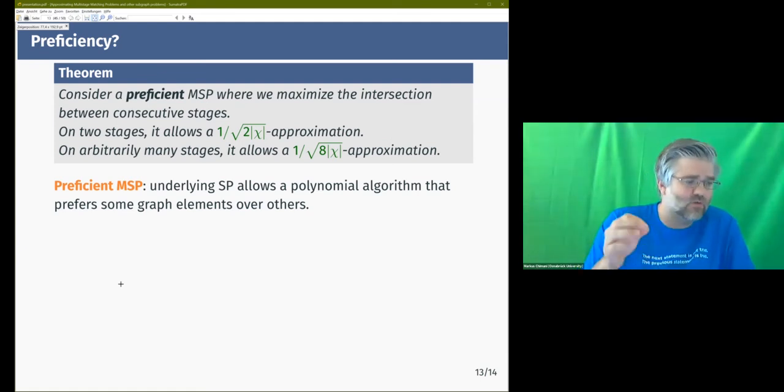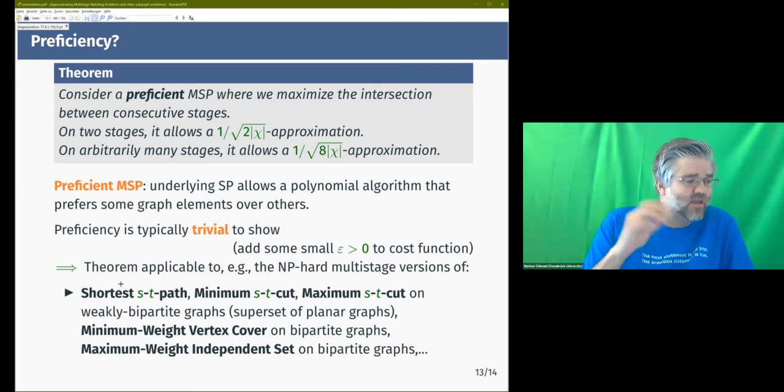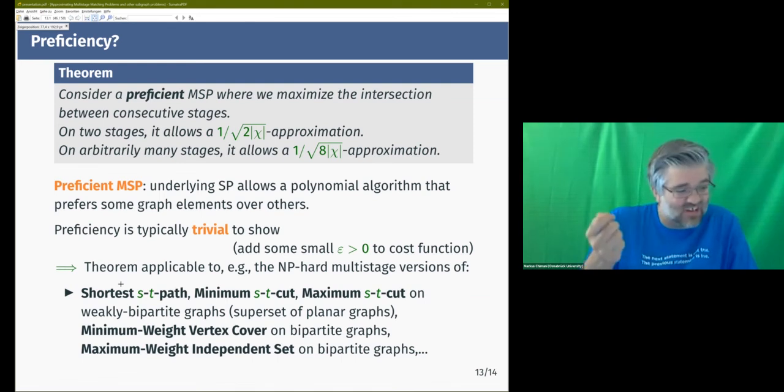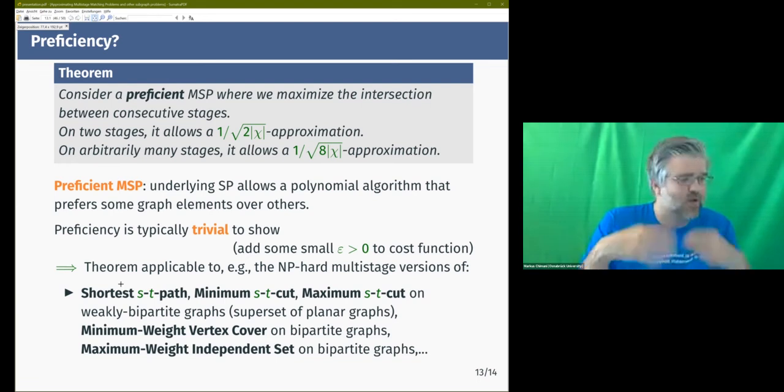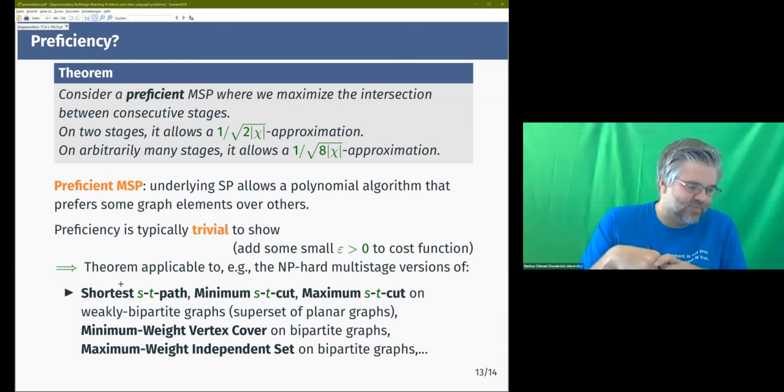And it turns out that proficiency is rather trivial to show for nearly all such subgraph problems. Essentially, all you have to do is add an epsilon to weights or some similar construction. So this is really a very simple step that allows you to use our approximation framework to deduce approximation results for any proficient such multi-stage subgraph problem.